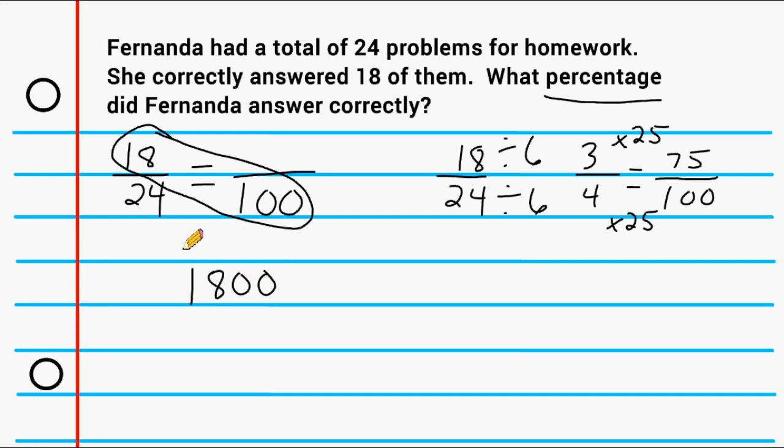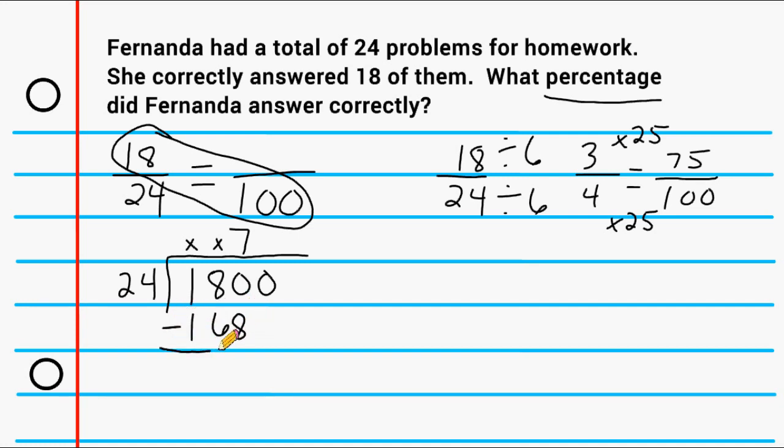1,800. Now, to figure out what we multiply 24 by to make 1,800, what we have to do is take 1,800 and divide it by 24. Now, 24 does not fit into 1 or 18, but it can be divided into 180 7 times, which is a total of 168.